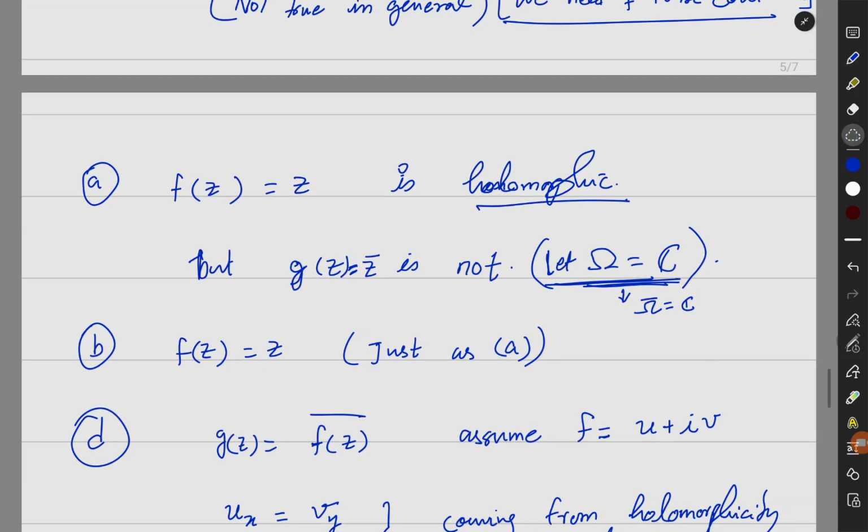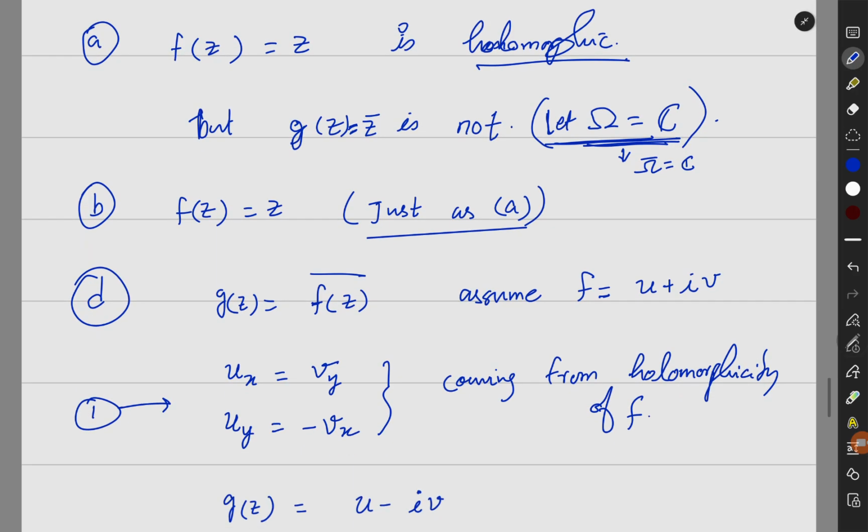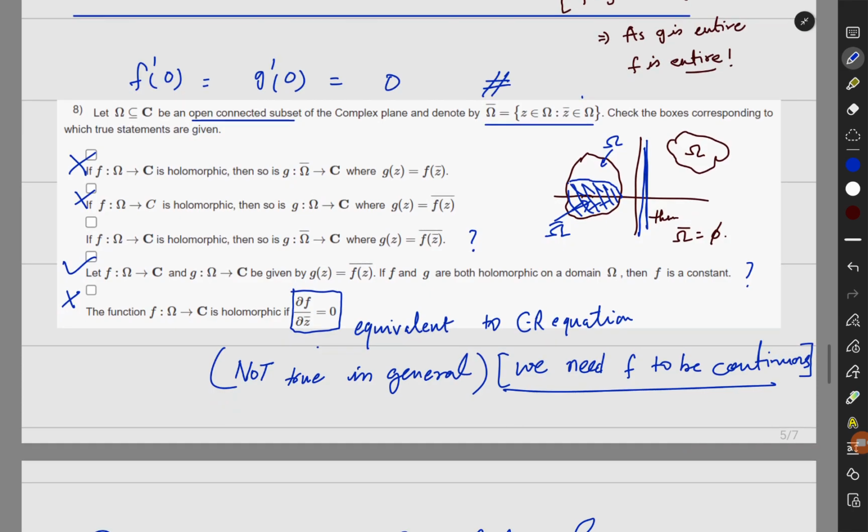G of z is not analytic or not holomorphic either. So okay, one more thing, analytic and holomorphic, I'm saying both things always, but this is wrong. So maybe next week you will understand why.